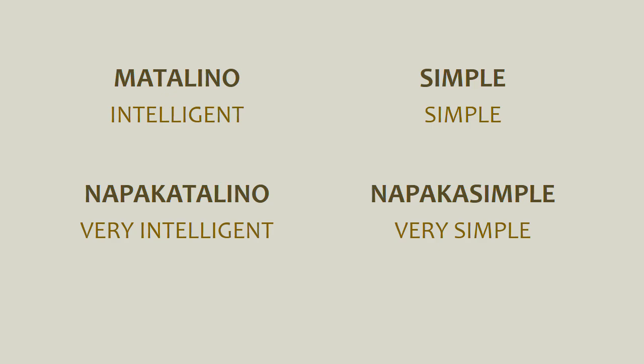If the Tagalog adjective begins with MA, you remove the MA and then add the prefix napaka. Matalino and then napakatalino. But if it doesn't begin with MA, like this one, you just add napaka to the original adjective. Simple and then napakasimple.